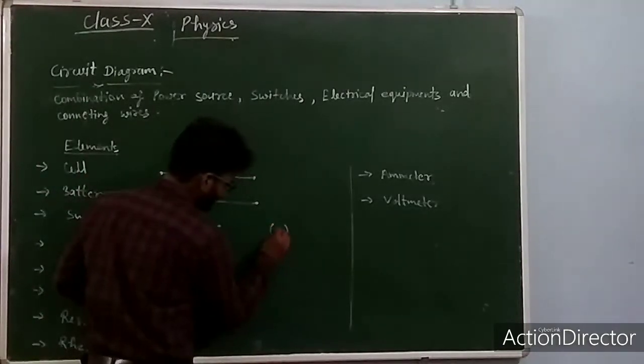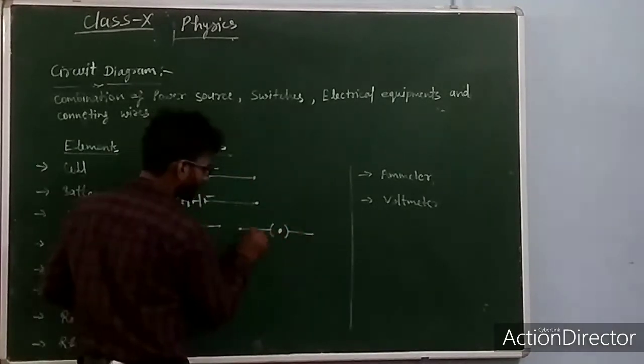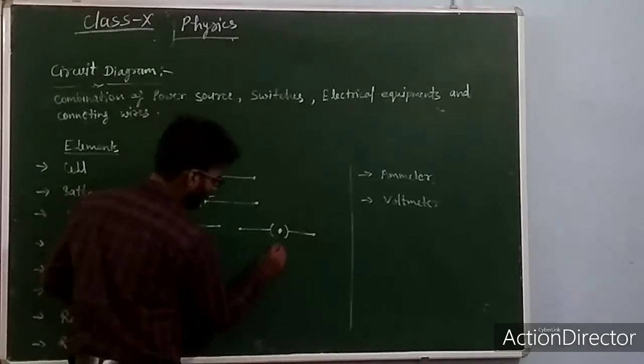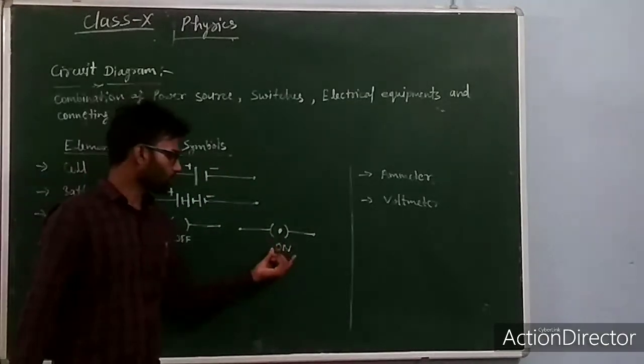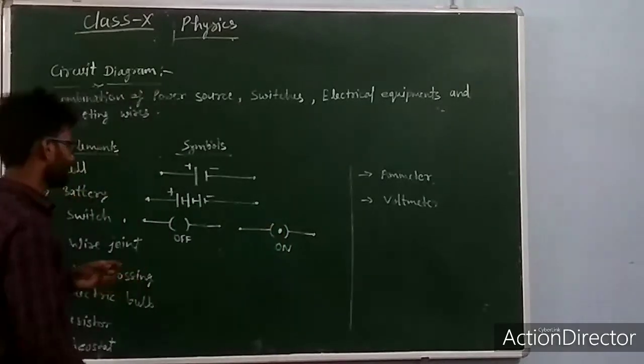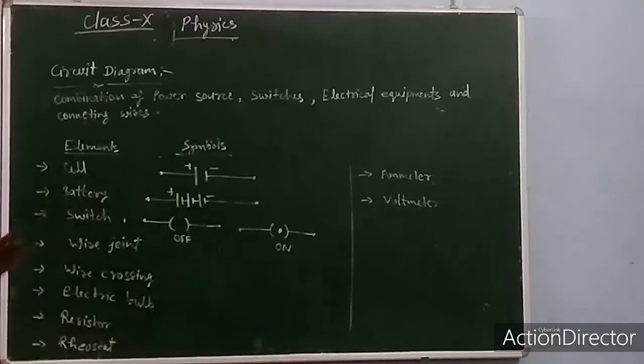When this space is filled with a point, then this is called as on switch and also known as closed switch. Right? So this is the representation of electrical switches.